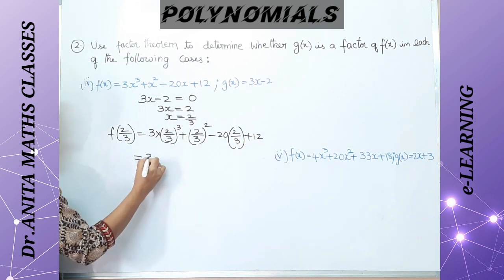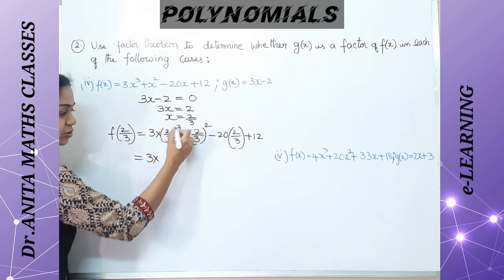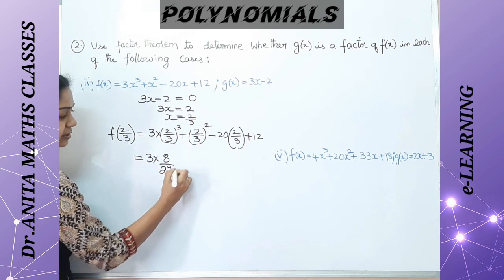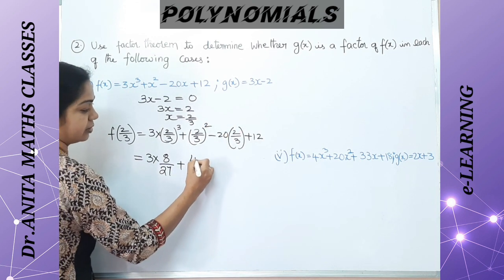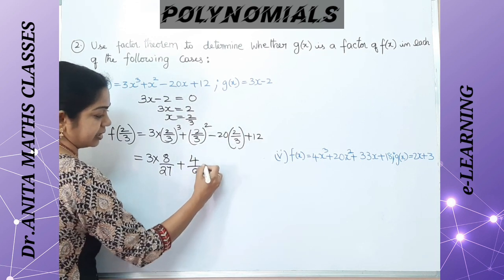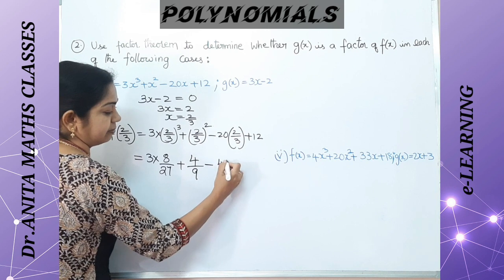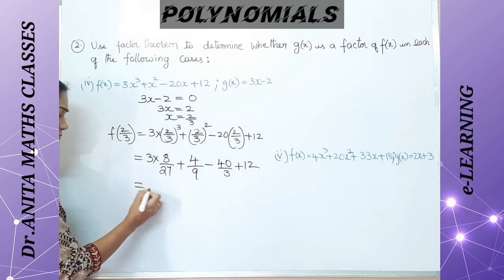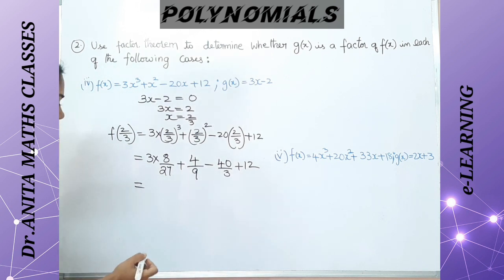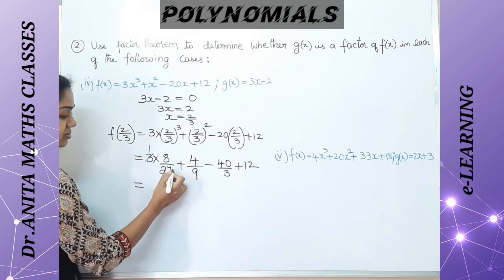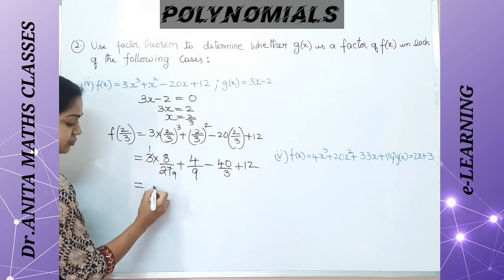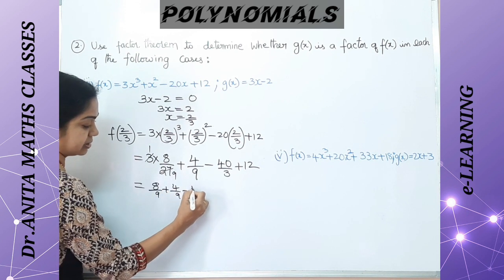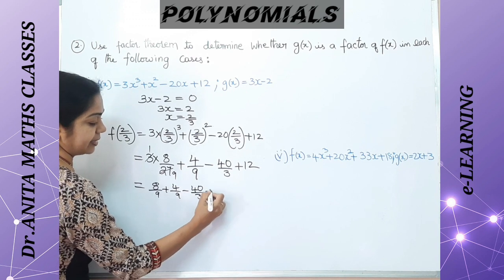Now here 3 into 2 cube, 2 cube is 8. 3 cube is 27, plus 2 square is 4, 3 square is 9, minus 20 twos are 40 by 3, plus 12. Now, a few terms we can cancel off, isn't it? 3 ones, 3 nines are 27. So here it comes to 8 by 9 plus 4 by 9 minus 40 by 3 plus 12.